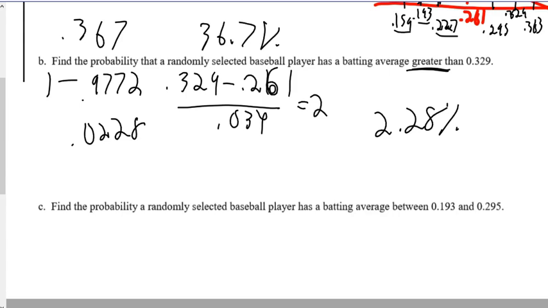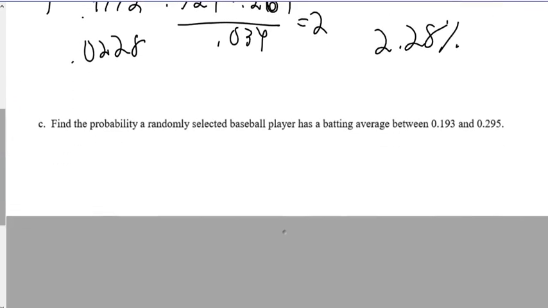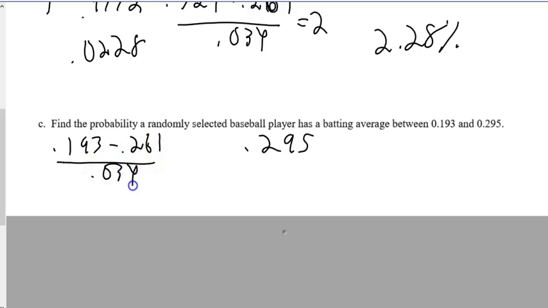Okay? One more. So find the probability the randomly selected baseball player will hit between 0.193 and 0.295. Right. So we need to find out 0.193 and 0.295. We're going to do the exact same calculation. Minus 0.261 over 0.034.